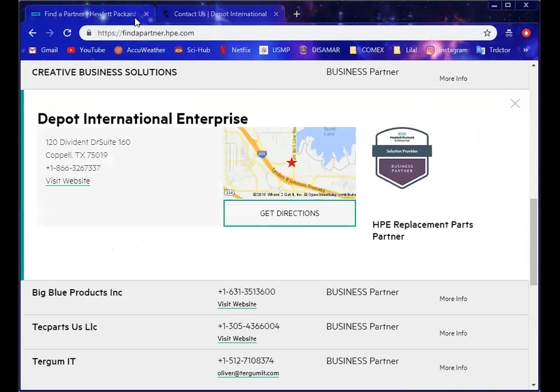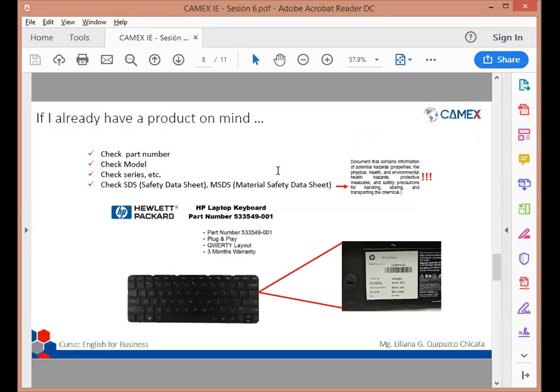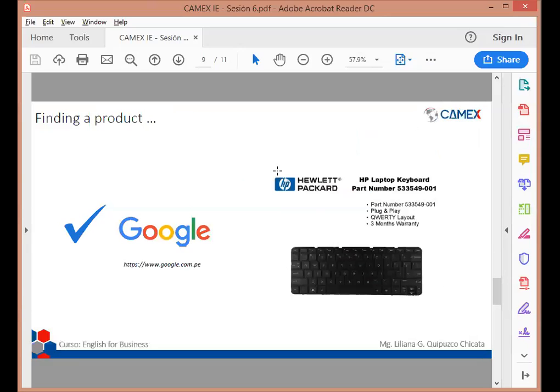Okay, so that is a way of how to find a product that we are already interested in, where we already have the product in mind, the part number, all the information and specifications.